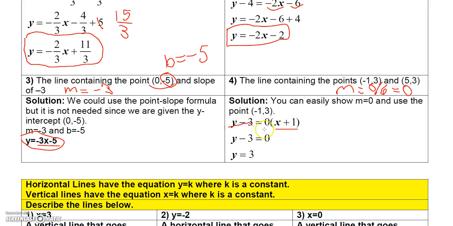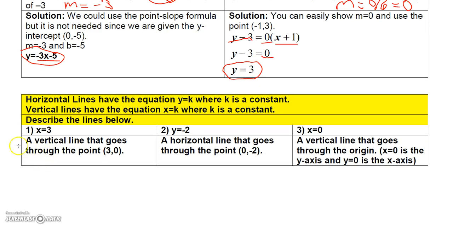But since I know the slope is 0, all of this is going to disappear anyway, because if I multiply 0 times all this, it's just going to give me 0. So what I end up with is y minus 3 equals 0, and then move the minus 3 over, and you get y equals 3 for the equation of that line.